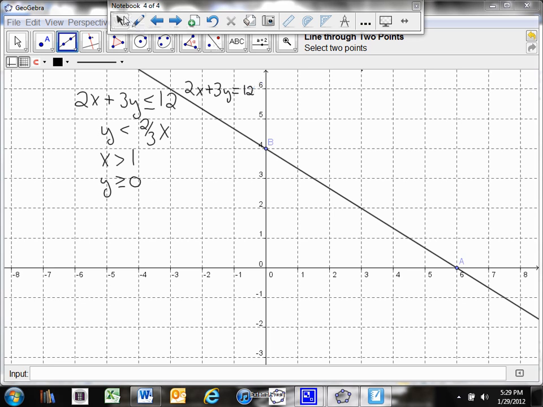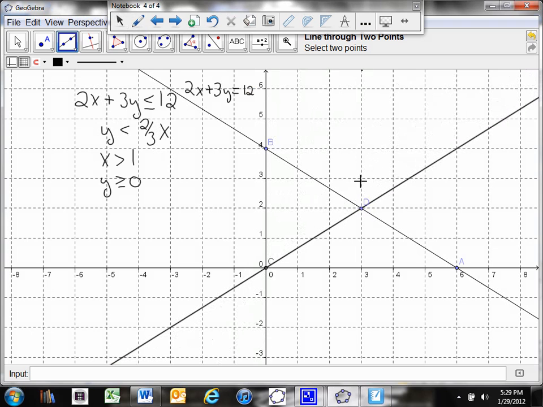Now the next line that I'm going to draw is y is equal to 2/3 times x. Well, that's not really very much of an issue. I just click in at the y-intercept, which is right at 0. I'm going to go up 2 and over 3, and click right there.